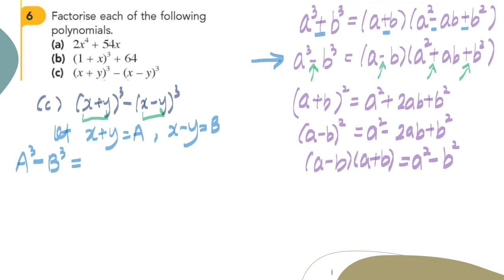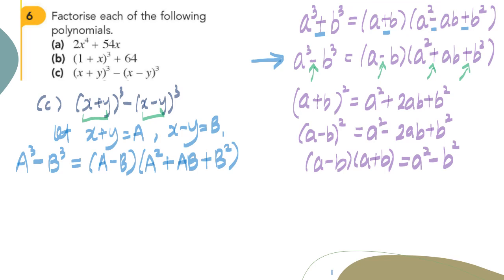So that will be equal to a minus b followed by a squared. So it's negative, negative, positive, positive. All right.